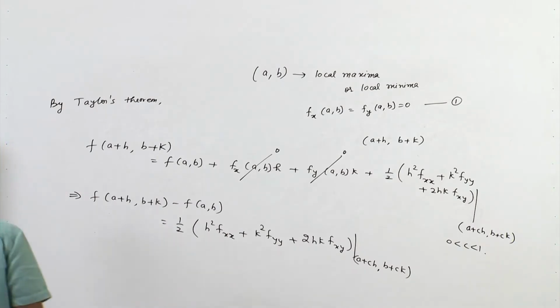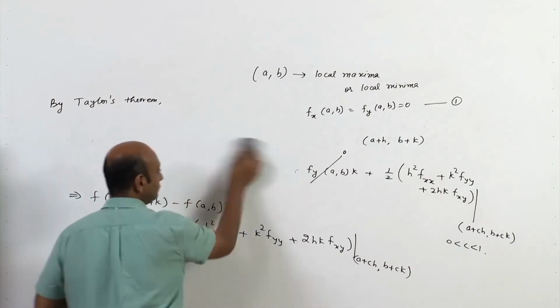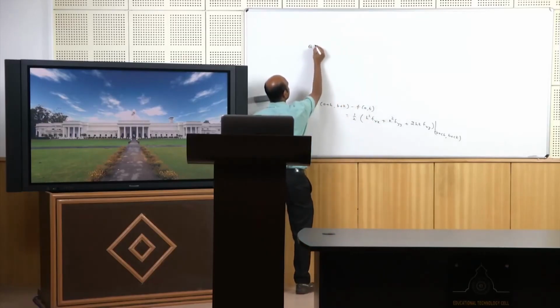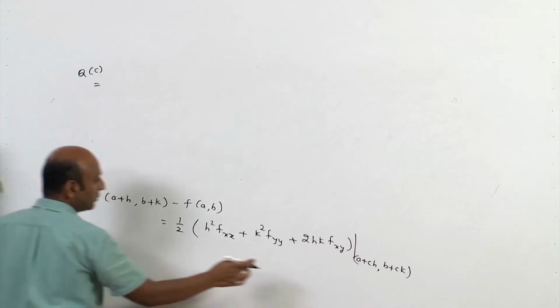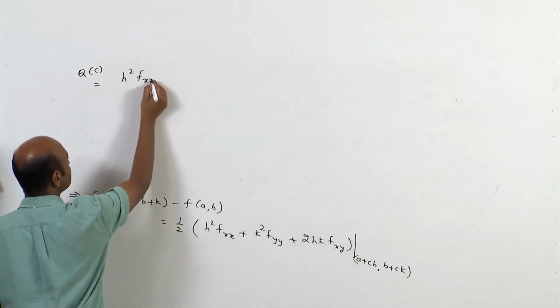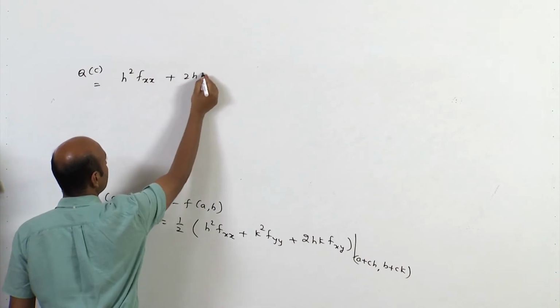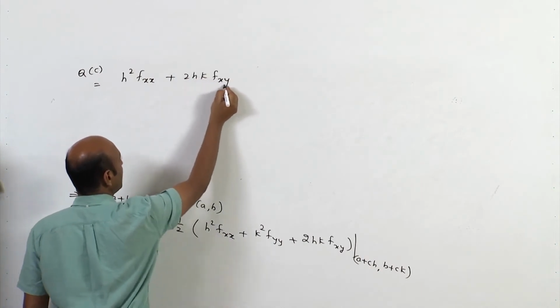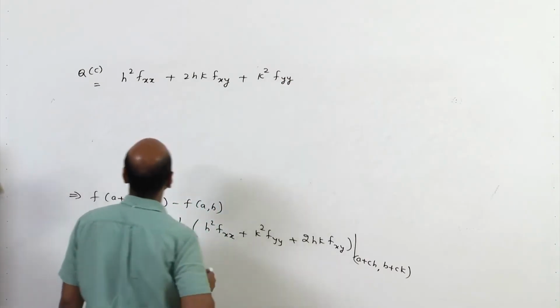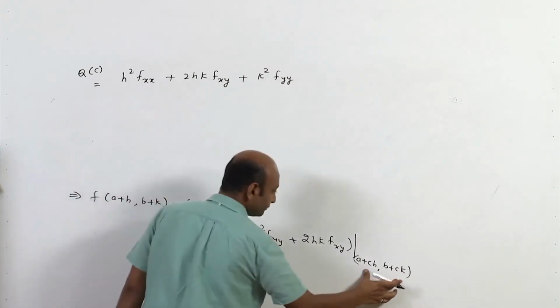So, how can we say this for this function? Now, let us take this term as Qc, because it involves c. Let us call it Qc, which is h² fxx plus 2hk fxy plus k² fyy at this point.